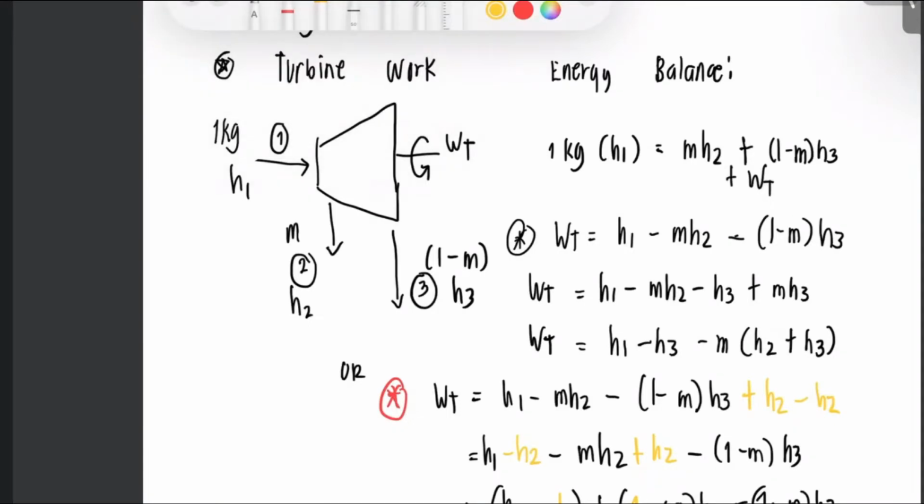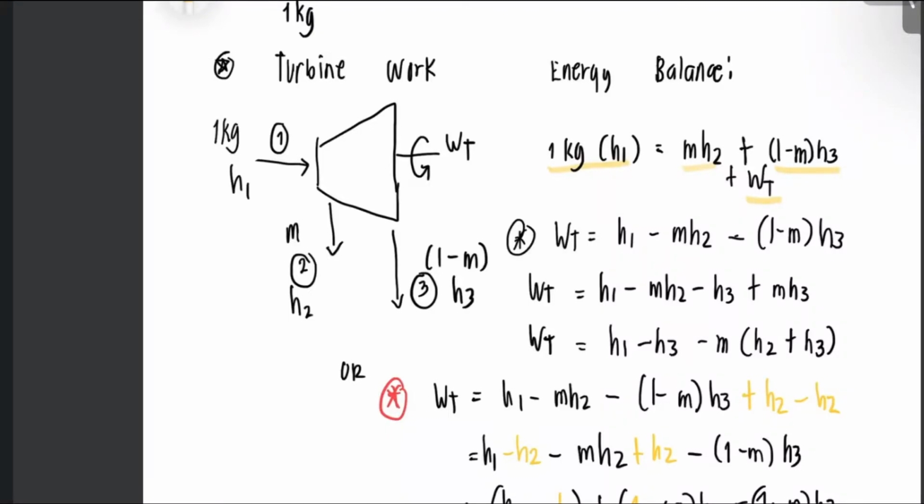Okay? In a 1 kilogram, so entering natin from the turbine, we have 1 kilogram. Ayan. This is now our consideration. And the extracted and the bleeded steam, we have the MH2 and the 1 minus M, H3. And the energy leaving the system, we have now the work of the turbine.